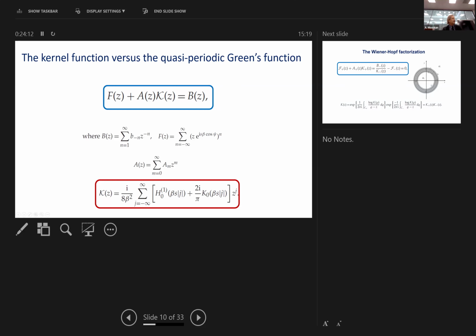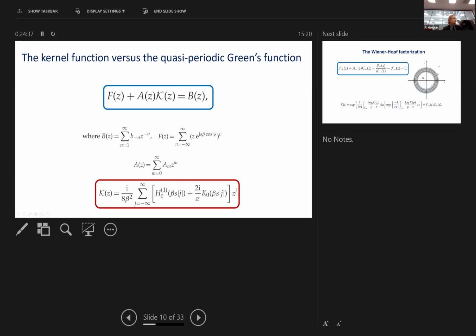And as you can see, this kernel function represents the so-called quasiperiodic Green's function that you would have for an infinite array. That's where the connection is. So my problem is semi-infinite, but the kernel function of this equation is pretty much linked to the Green's function for the infinite periodic array.